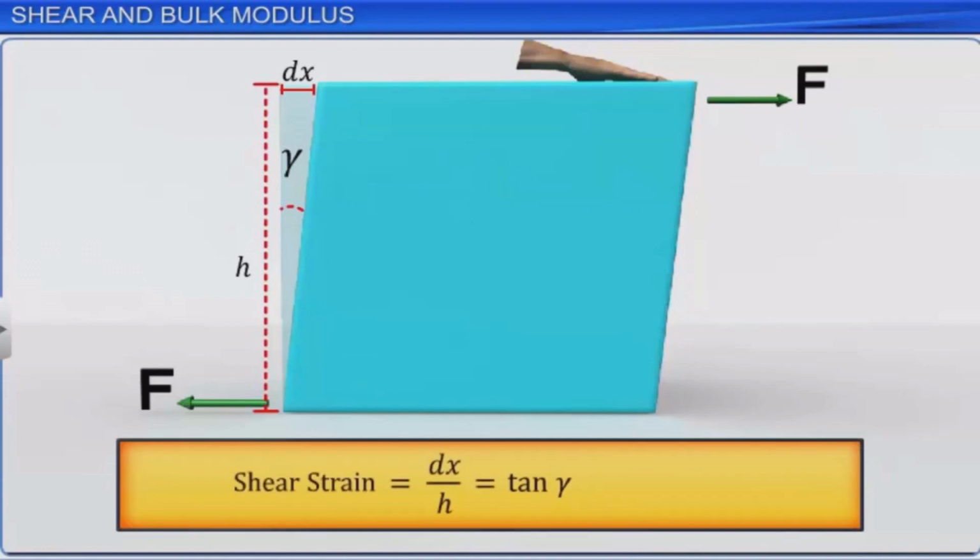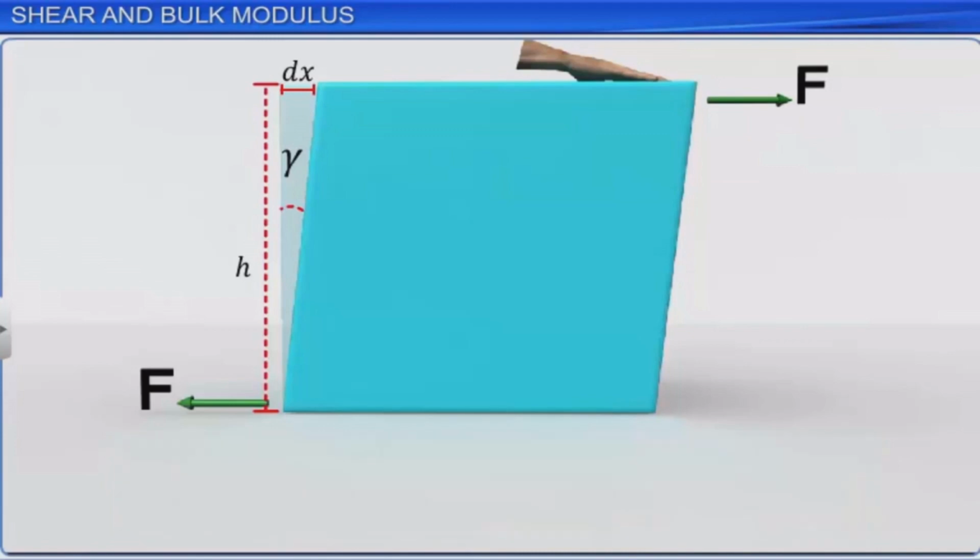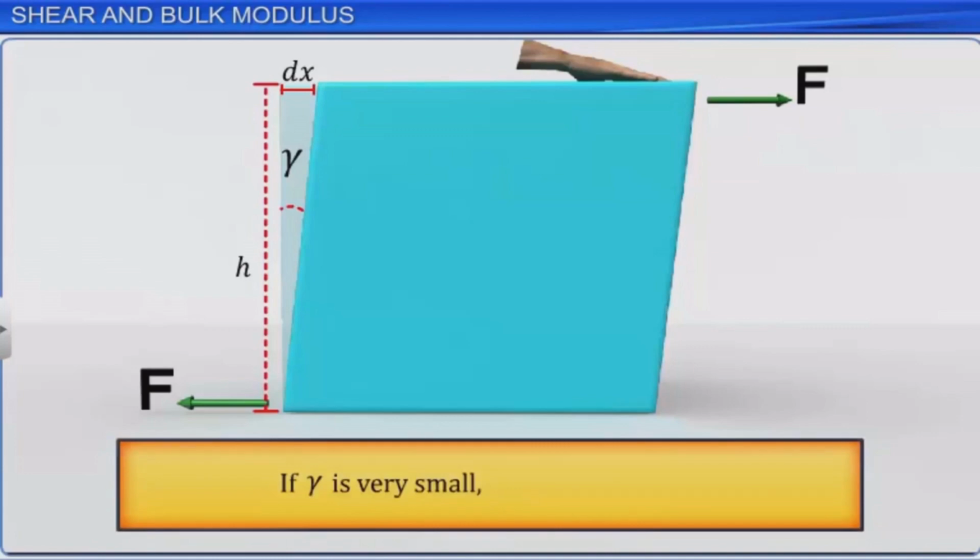This is equal to the tangent of the angle gamma, where gamma is expressed in radians. If the value of gamma is very small, tan of gamma can be approximated to gamma, and hence the value of gamma is calculated by taking the ratio of dx to h.